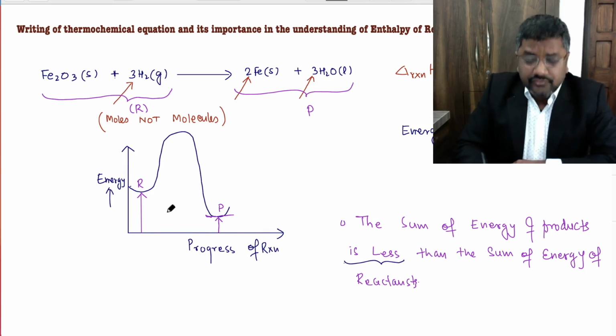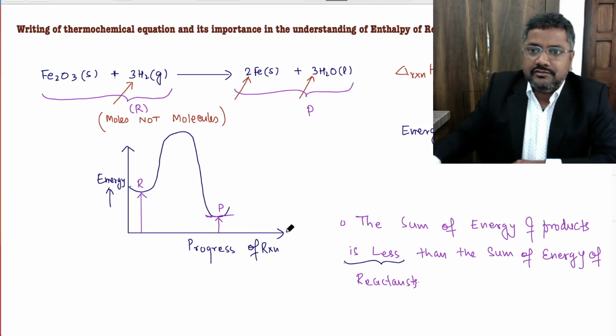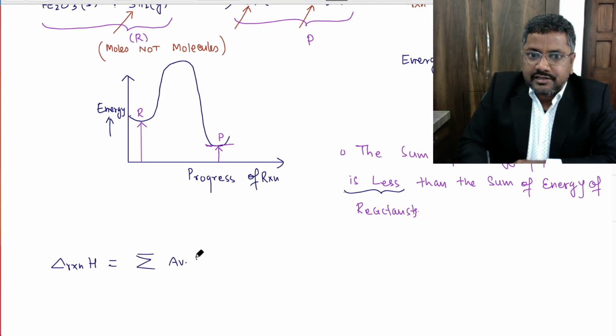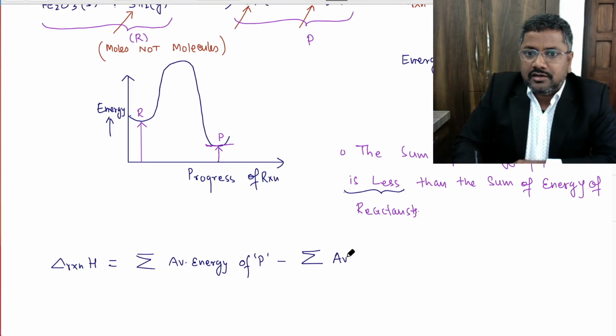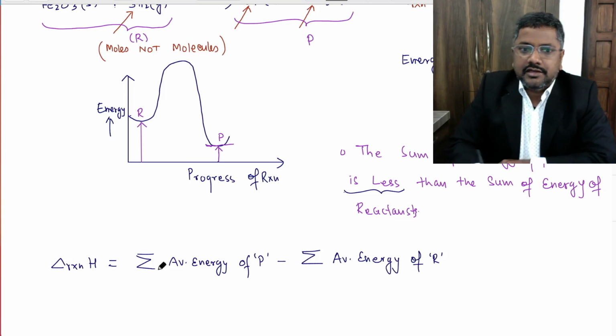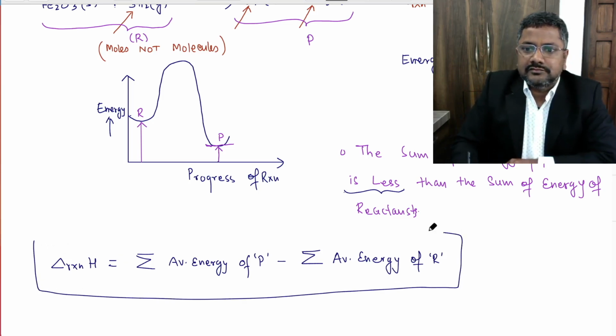So we can say that delta H of any reaction is the sum of average energy of products minus the sum of average energy of reactants. Clear to everybody? You can write this.